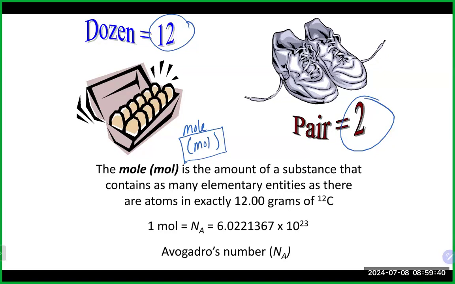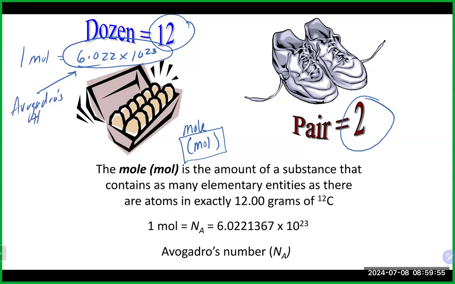And 1 mole of anything will equal 6.022 times 10 to the 23. That is Avogadro's number. Now, it is the unit part of this that does change. So 1 mole of anything will equal 6.022 times 10 to the 23.